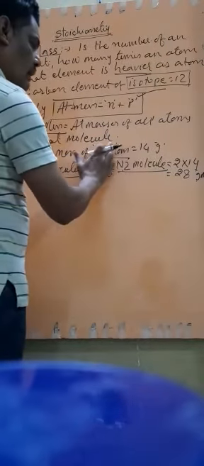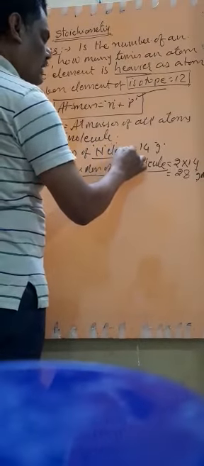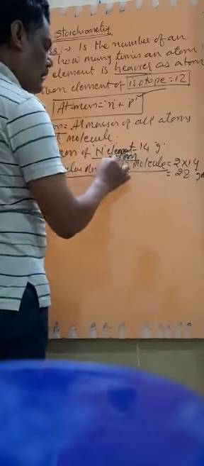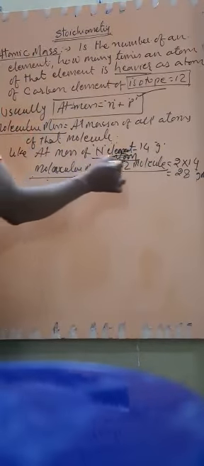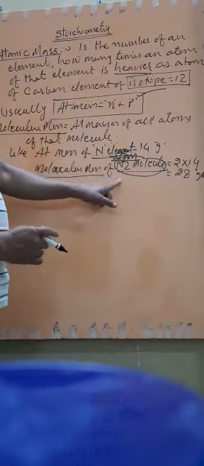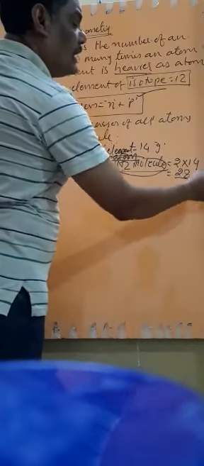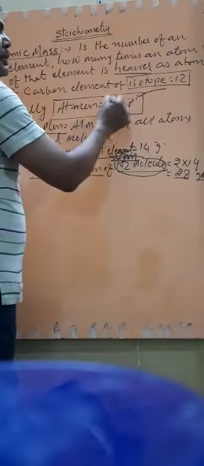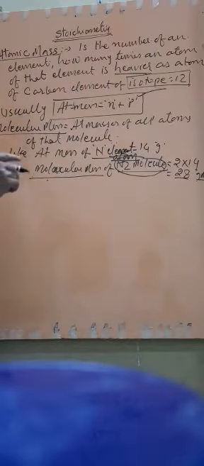For element we use the term atom, but for molecule we use the term molecule. So the molecular mass of the N2 molecule, that is in 1 mole how many gram there will be, we say 28 gram per mole. And atomic mass is the sum of the number of neutrons and the number of protons. Are you getting?